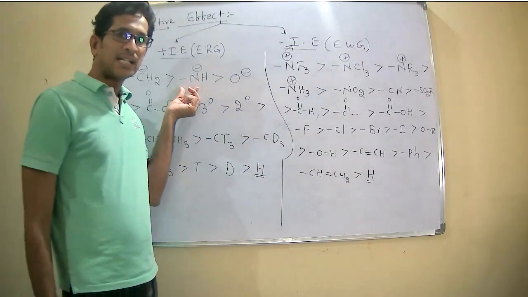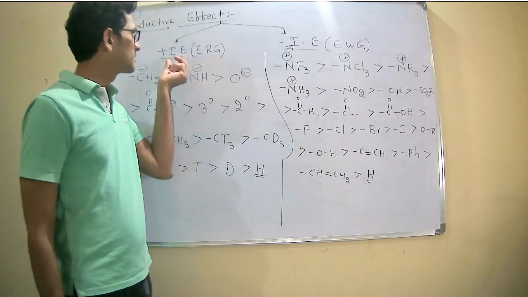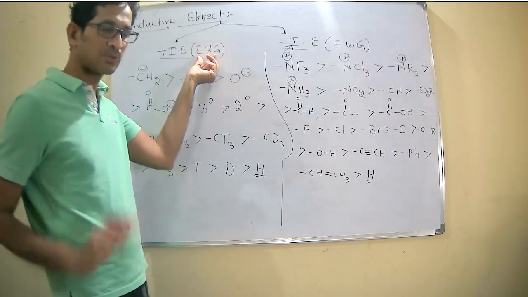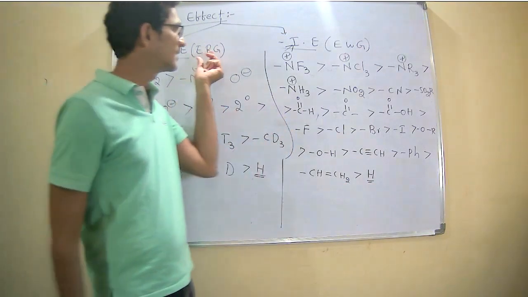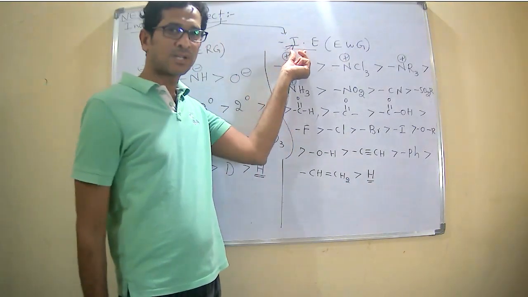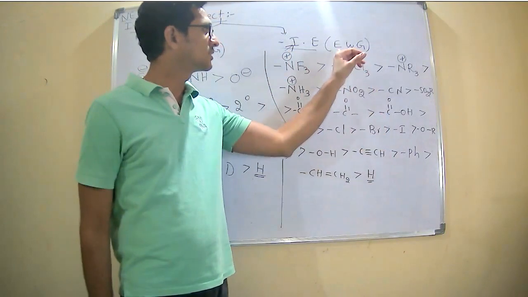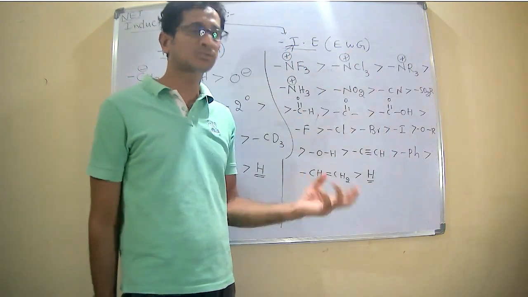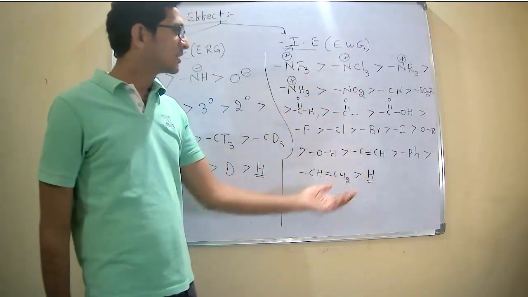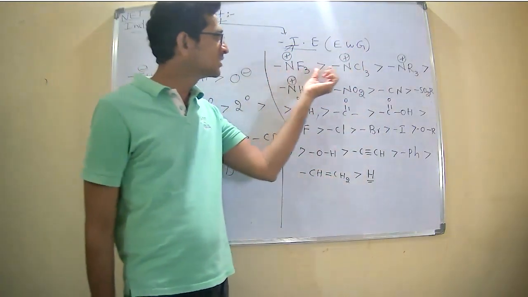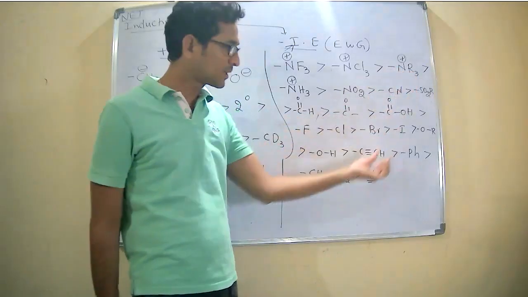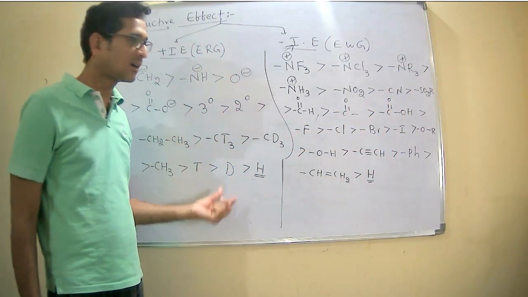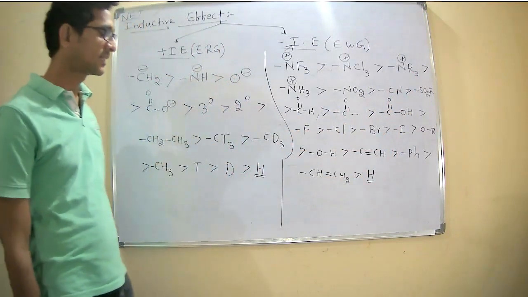So inductive effect is classified into two types: plus inductive effect, which contains the electron releasing groups, which release electrons to the adjacent atom. The second one is the minus inductive effect, which contains electron withdrawing groups, nothing but more electronegative groups, right? So this is the decreasing order of the electron withdrawing property, and the decreasing order of the electron donating or electron releasing property.